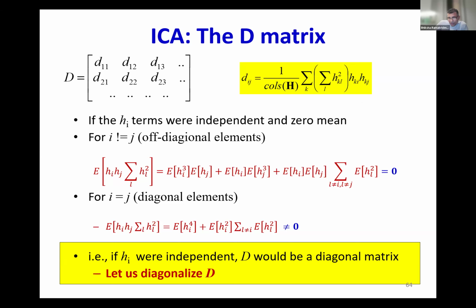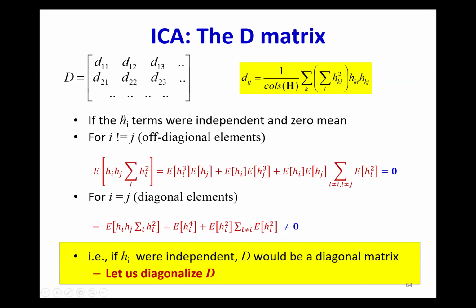Give me a yes or no. Abhishek is asking, will it matter what H we use? It won't matter, so long as i is not equal to j, this is not going to matter.